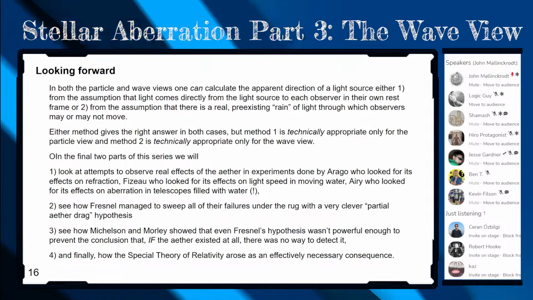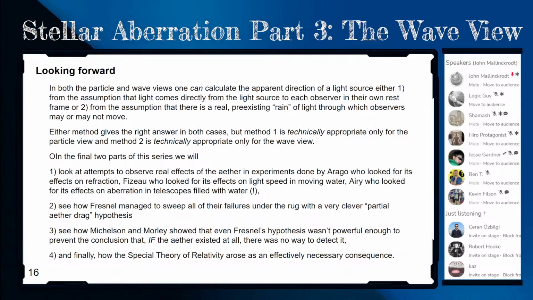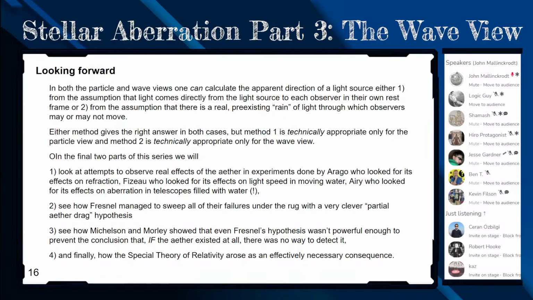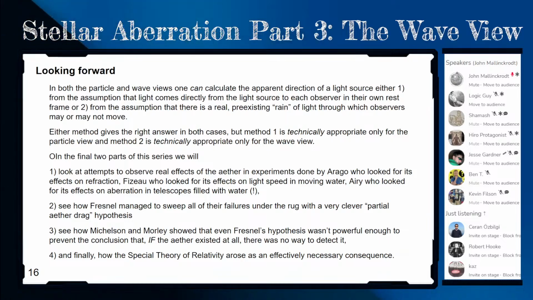So in the final two parts of this series, we will first look at attempts to observe real effects of the ether in experiments done by Arago, who looked for its effects on refraction, Fizeau, who looked for its effects on light speed in moving water, and Airy, who looked for its effects on stellar aberration using telescopes filled with water.